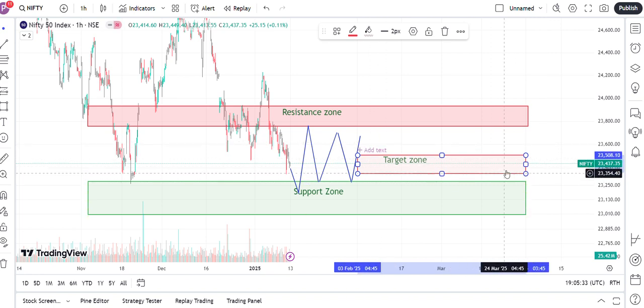Maybe 23,300 to 400 zone may be the higher chance of expiry, and before that we may be making a zigzag pattern. Then we are expecting the next 2 weeks to be super bullish. That is the last 2 weeks of the monthly expiry.